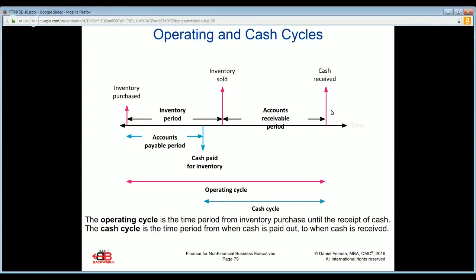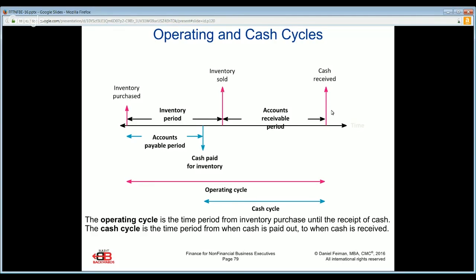But in most situations, we don't pay for the inventory in advance; we pay at some point down the road. We need to also calculate our accounts payable period. The accounts payable period, the number of days we choose to take before we pay our payables, must be subtracted from the operating cycle in order to calculate the cash cycle, the actual number of days that our cash is outstanding.